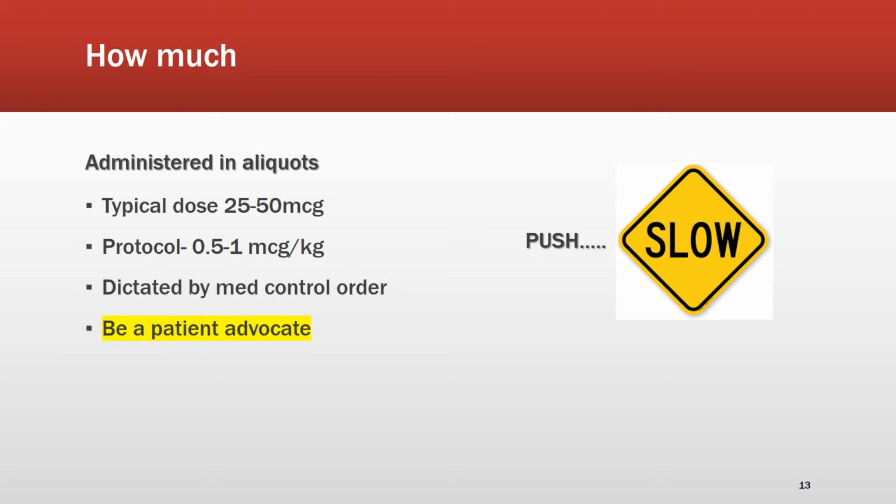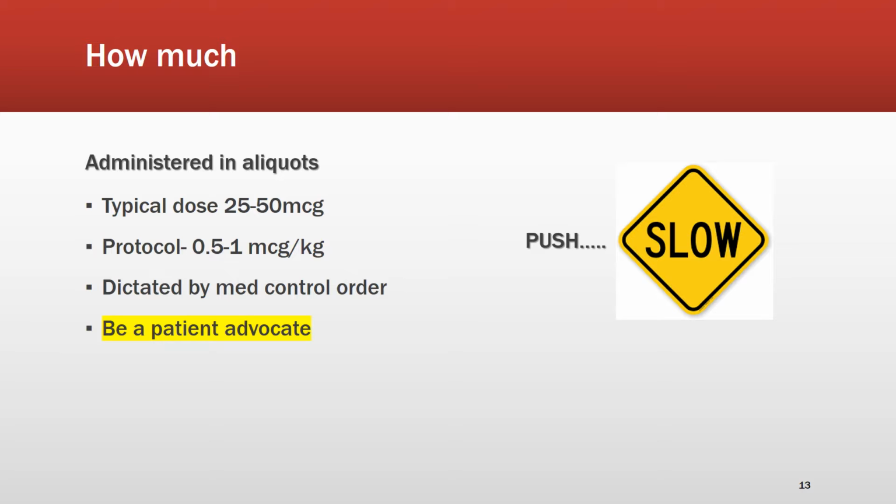So the how much? Again, typical dose is 25 to 50 mics. Protocol says 0.5 up to 1 mic per kilo. If you call for an order, it's dictated by med control orders, so keep that in mind. And be a patient advocate. Oftentimes, it's hard for you to relay a clear picture of your patient when you're talking to the med control physician.